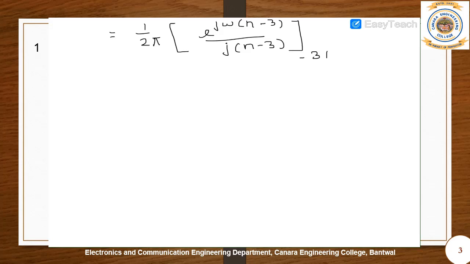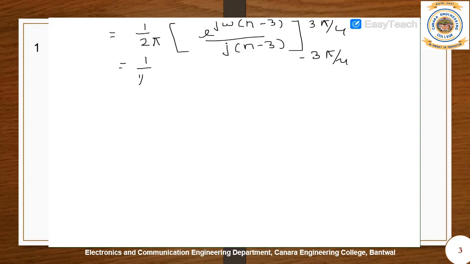When I integrate this, I get 1 over 2 pi, e to the power j omega (n minus 3) divided by j times (n minus 3), where omega varies from minus 3 pi by 4 to plus 3 pi by 4.